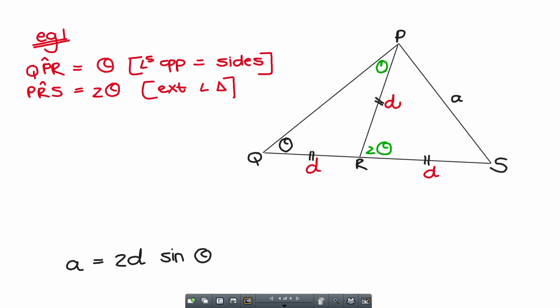Julle reg? Goed, nou kyk gou hier. I do have this angle with its opposite side. Nou kort ek nog enetjie. So I can now either use that with this opposite side or this with that opposite side. Nee, maar because we're working in this triangle, quickly have a look.